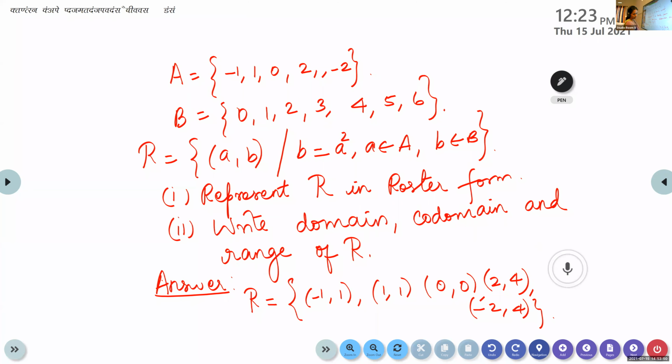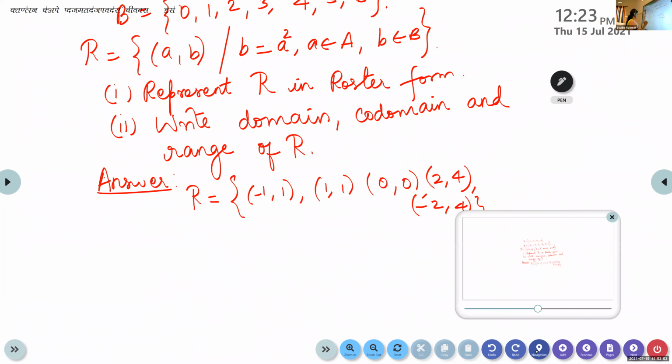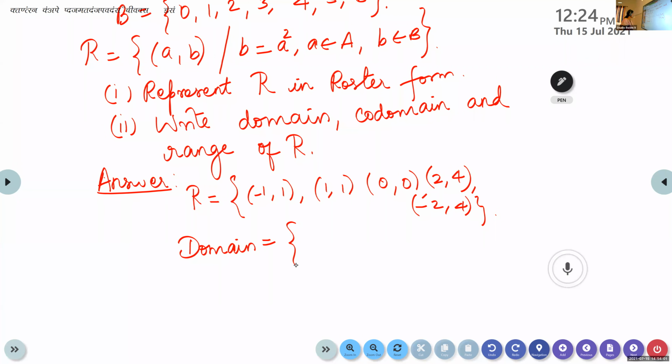What is the domain here? Domain is the collection of all first elements, isn't it? So what about the domain? -1, 0, 1, 2, -2, isn't it?